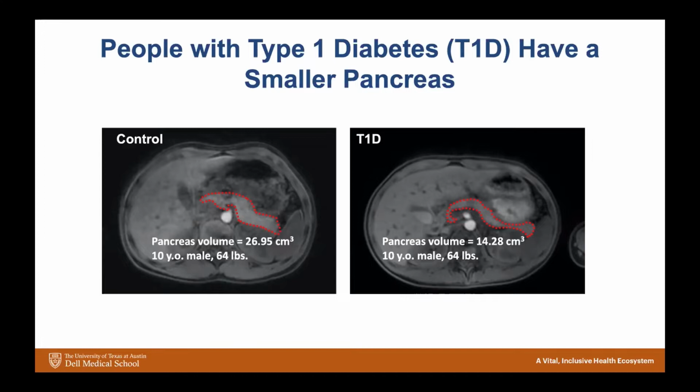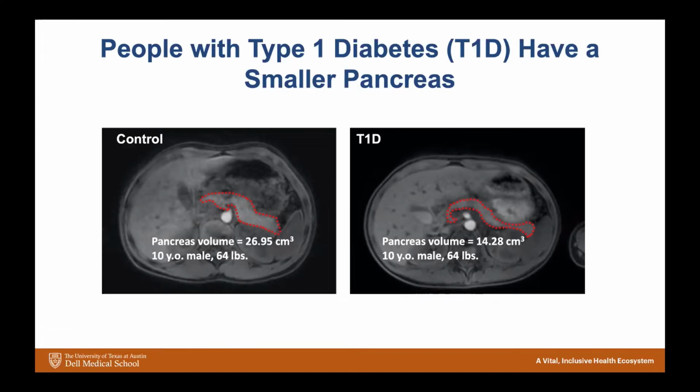There was a Belgian pathologist who was looking at autopsy samples 70 years ago, and he found that the pancreas of individuals who died from type 1 diabetes tended to be smaller than the pancreas of individuals who died from other causes. It was markedly smaller, by 30 to 40%. Now that we have these non-invasive imaging techniques where we can actually image the pancreas in vivo and accurately measure how big it is, we can use MRI to make these measurements non-invasively in people.